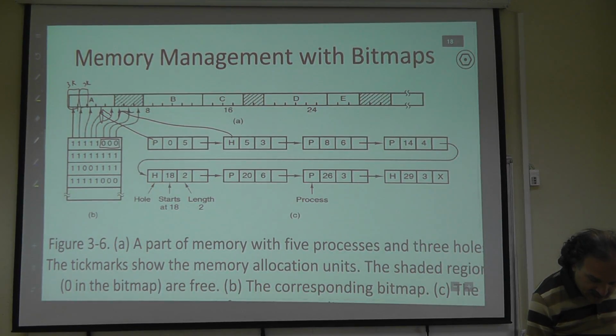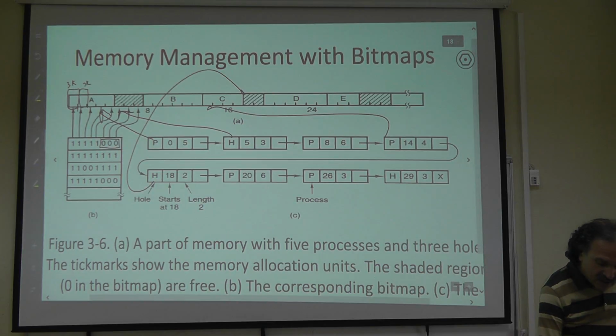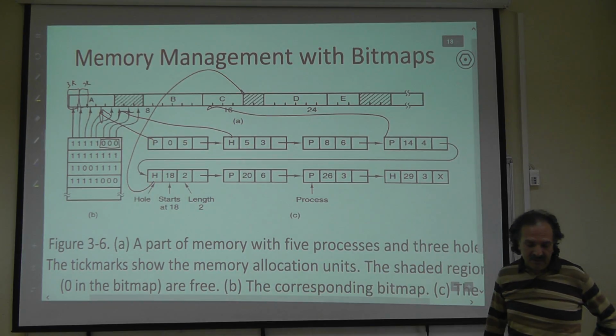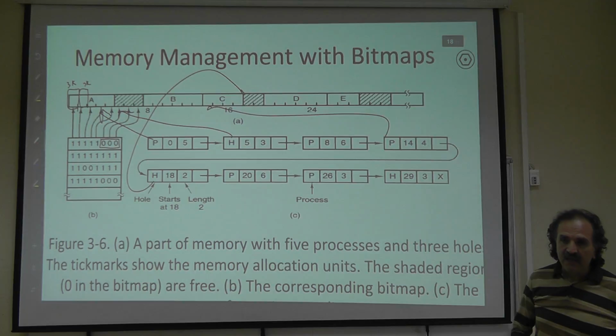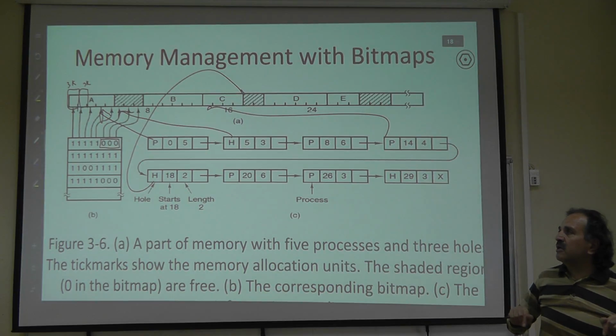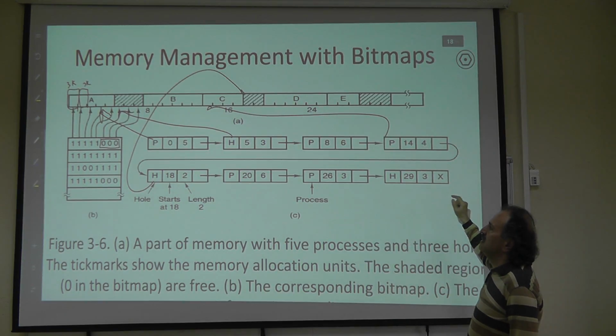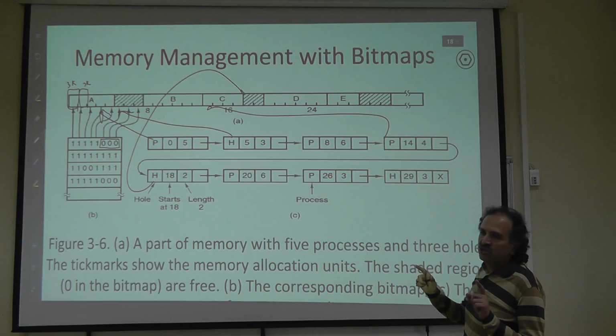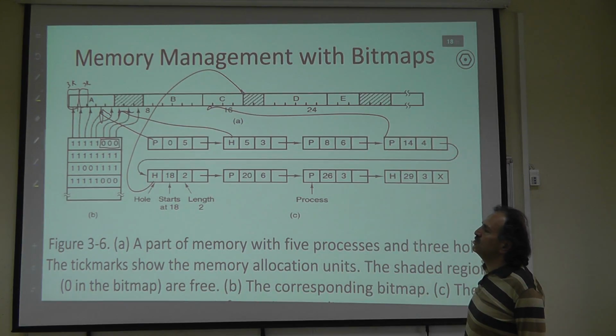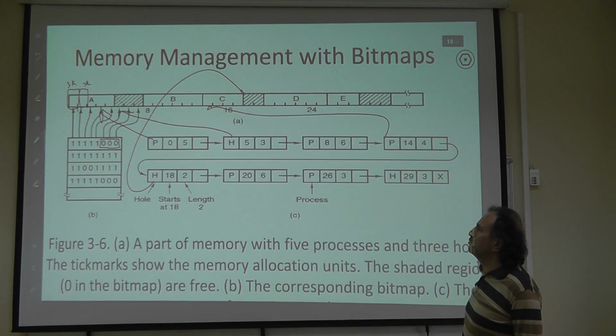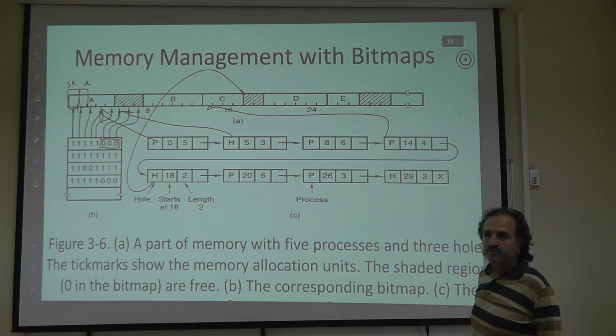Then there is a process here, a process there, and a hole here. You understand? This is the second method, the linked list method. It keeps a linked list of available and occupied memory locations. When you need some space, you traverse this linked list, find a large enough position, and load your program in that position.